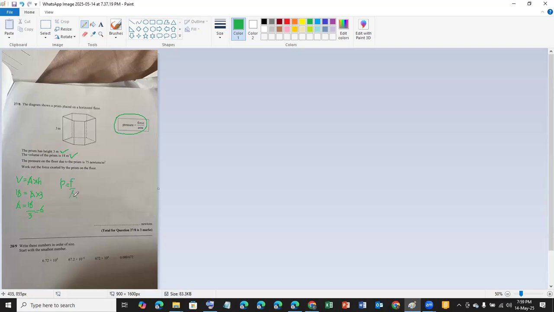So let's put in all the things. Seven, 3 times, can hold.